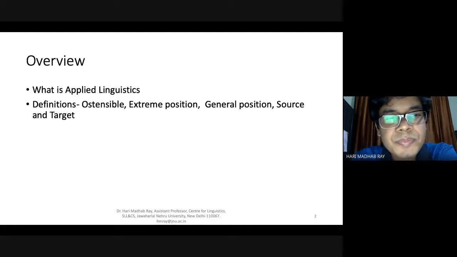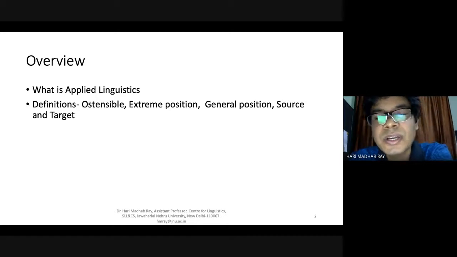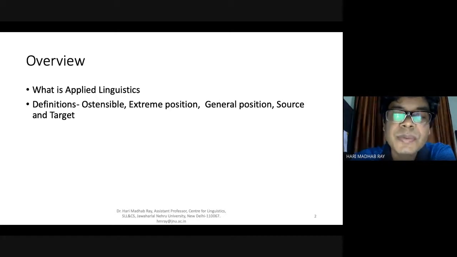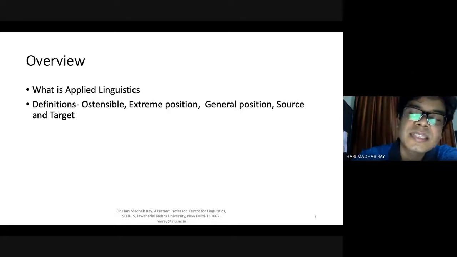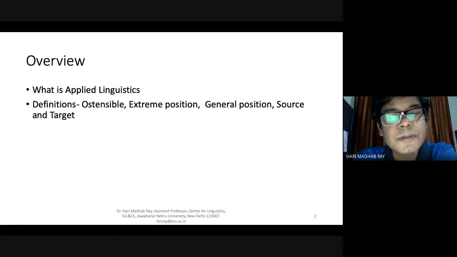So: what is applied linguistics, definitions, ostensible definitions, some people who have taken extreme positions, and the commonly held view of applied linguistics. We also discussed in the last class what the source and what the target of applied linguistics is.